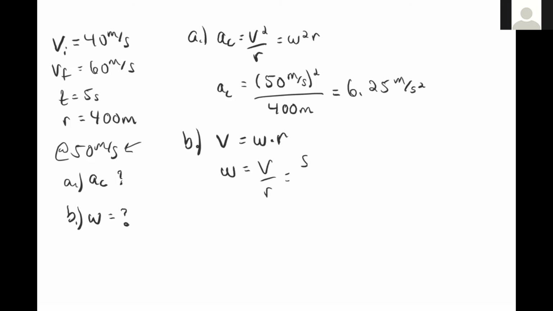And so at the instant when we reach 50 meters per second, we divide that by the radius of our turn, 400 meters. So the angular speed here is 0.125, and the units are radians per second. You see that there's a meter here on top and a meter on the bottom, which cancel. So the units for our angular speed are going to be units of radians over seconds.